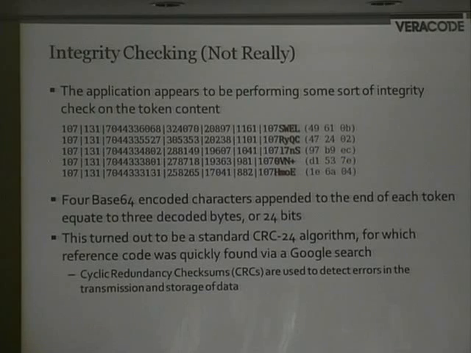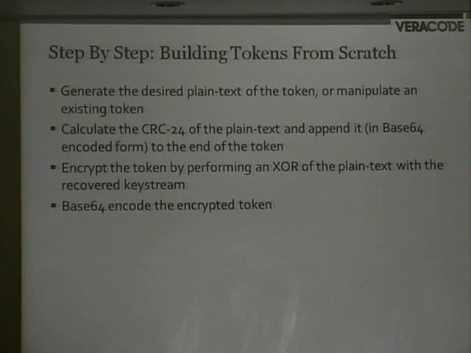So it looked like some sort of integrity check, except when we looked up what sort of integrity check generates 24 bits, we realized that it was a CRC24 algorithm, which is intended to detect transmission errors, not to prevent against manipulation. So there were like 10 lines of code on Google where you could find a reference implementation of CRC24. So now we can calculate that part too. So once we did that, it worked.